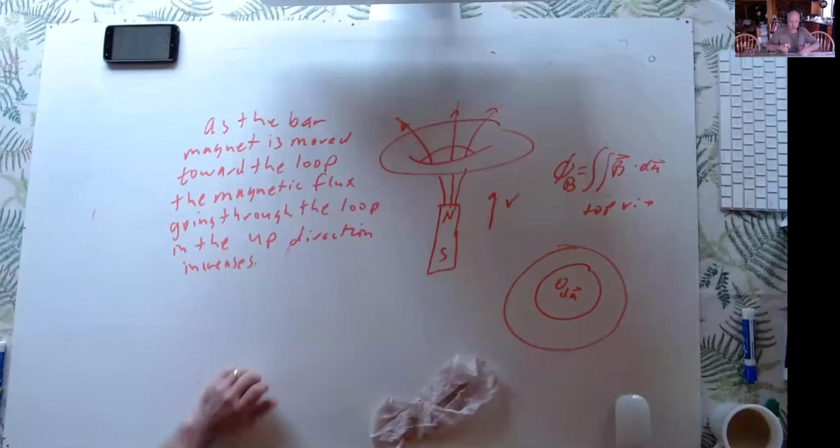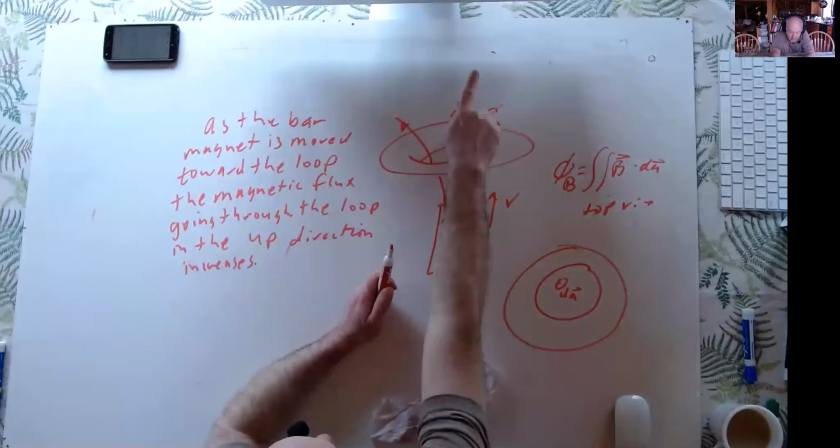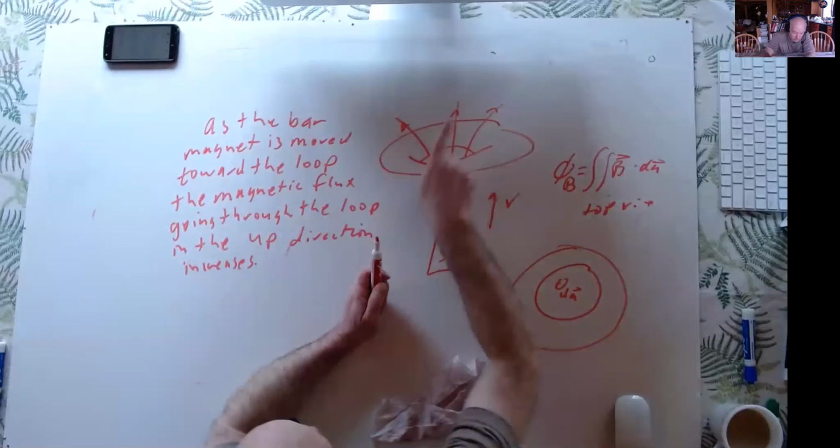All right. So in other words, there's some magnetic flux coming out of this thing here like that, and as we get closer here, it's increasing in this direction.